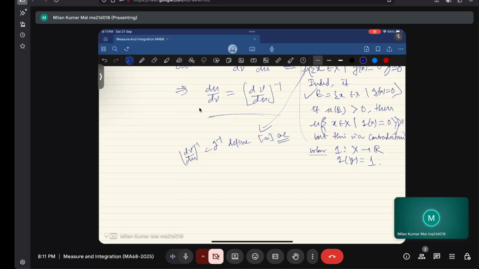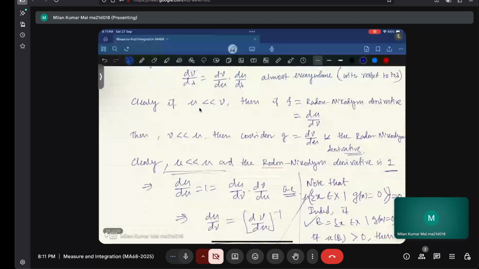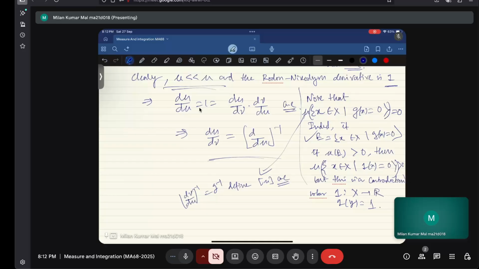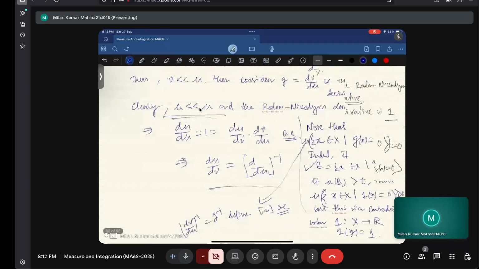So this completes the proof, I think. Just a minute. What we have to prove is d mu by d nu equals d nu by d mu inverse. Yes, this is correct.